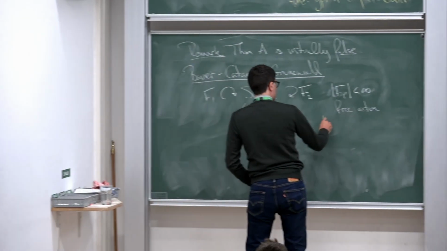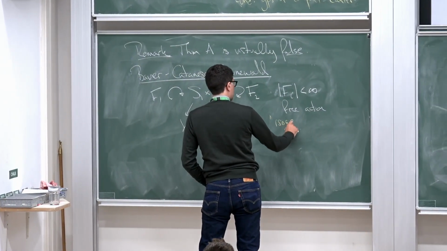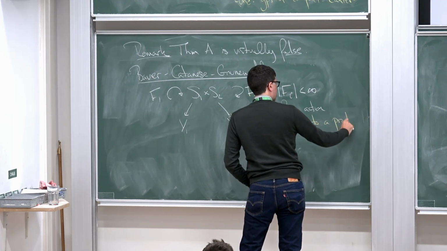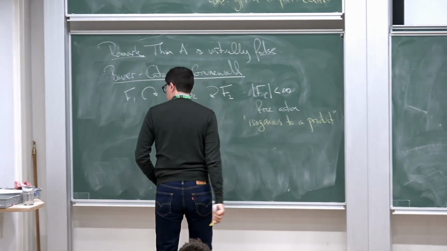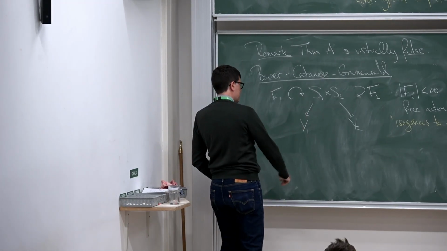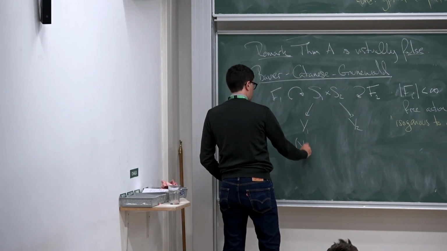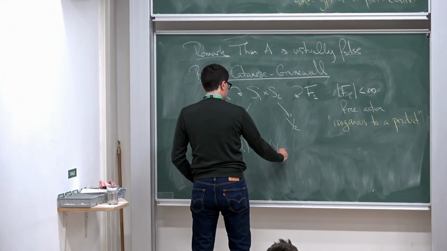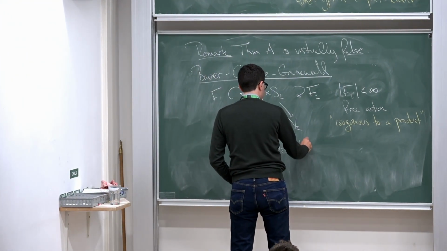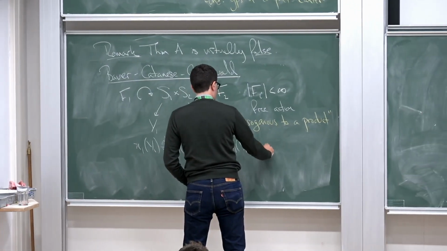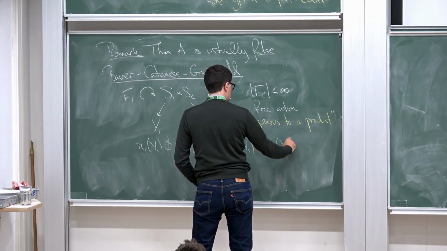These are sometimes called isogenous to a product, just like flat manifolds that aren't tori. These groups are not isomorphic, but they do have the same profinite completions.